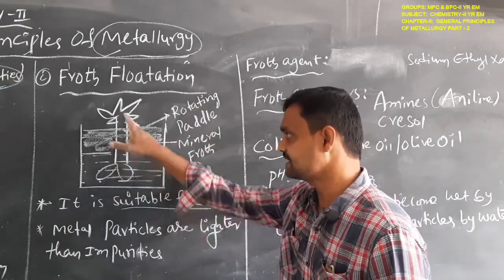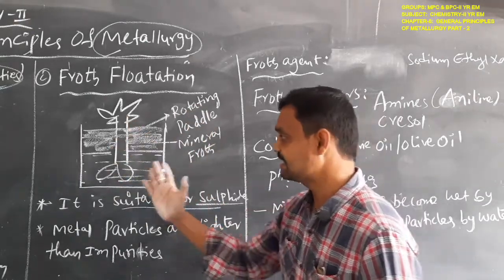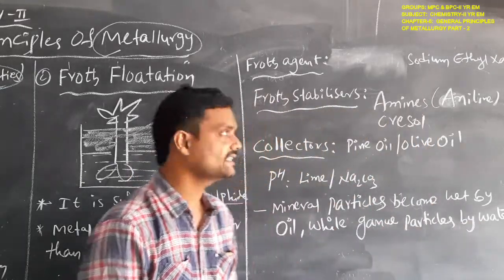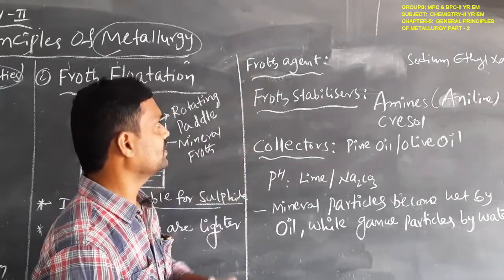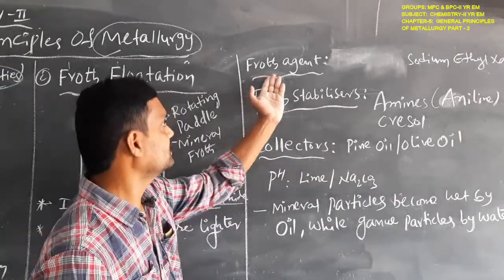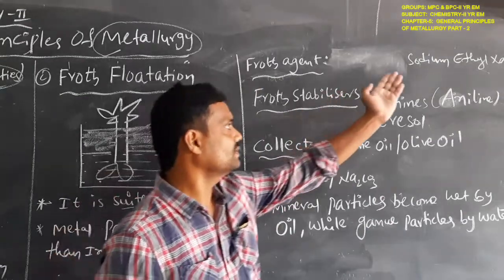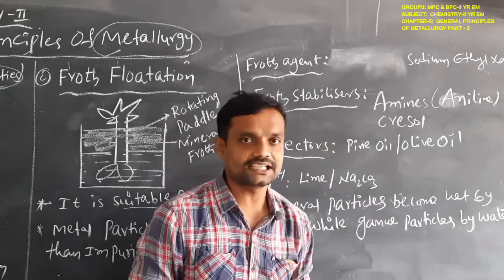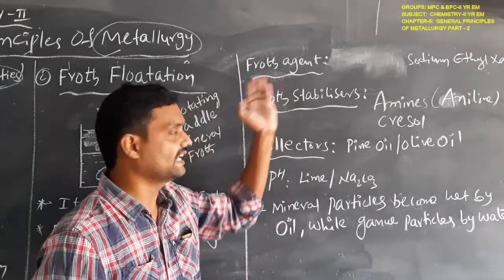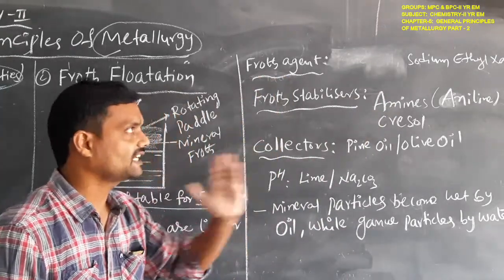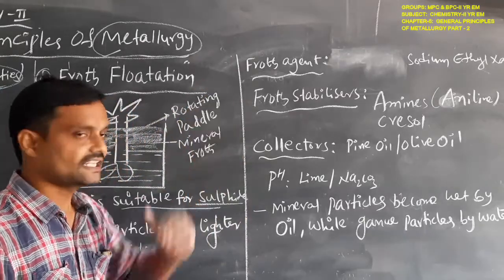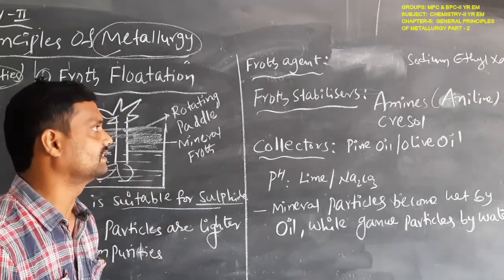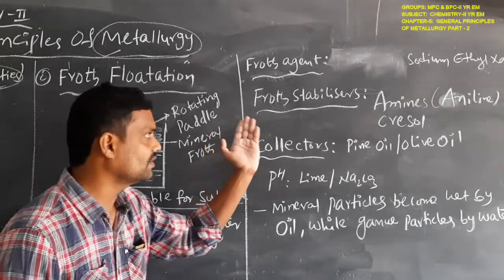To this powdered ore we add some extra materials, like a froth agent, for example sodium ethyl xanthate. Sodium ethyl xanthate acts as a froth agent. That froth agent is added to the powdered sulfide ore in this vessel. Then we also add the froth stabilizers.